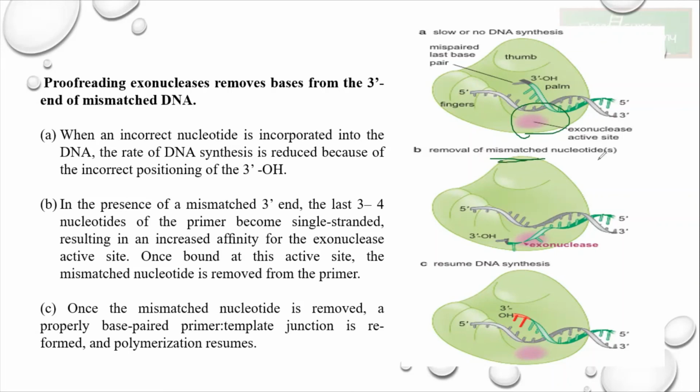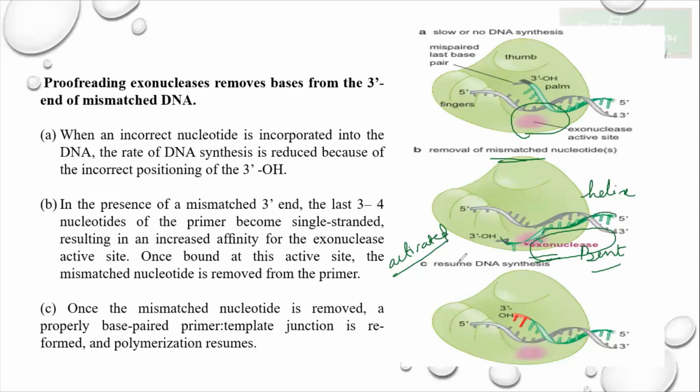Because of mismatch, the newly synthesized DNA is not able to form a proper helix over here, and there is a bend. Right, so this bend is pushed towards the exonuclease active site. So what is happening? The exonuclease active site is getting activated, because of the presence of the bend over there.